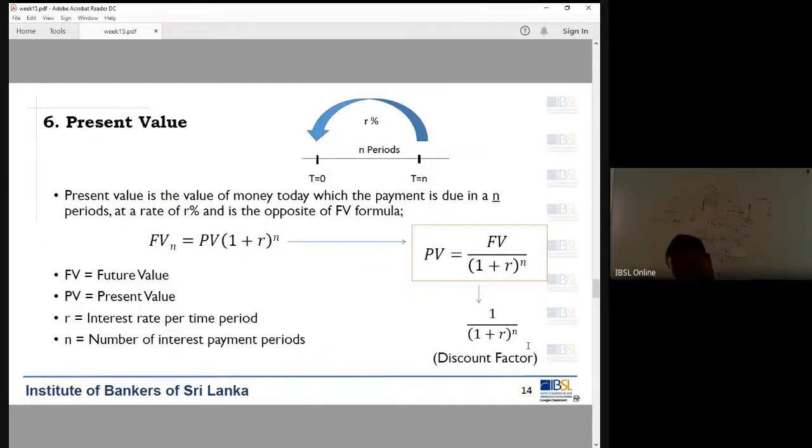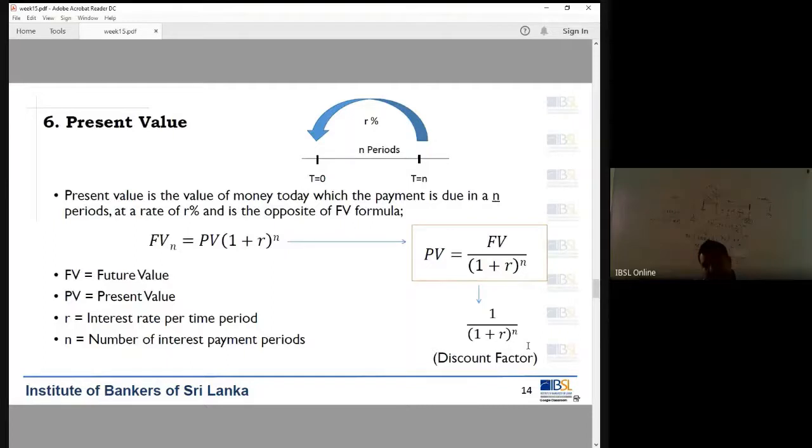Now, having discussed everything on the future value, in slide 3 or 4 what we have discussed is the present value. Provided that you have been given a value for a future term and you want to calculate the value in present terms, the present value is nothing but the opposite of the future value equation.